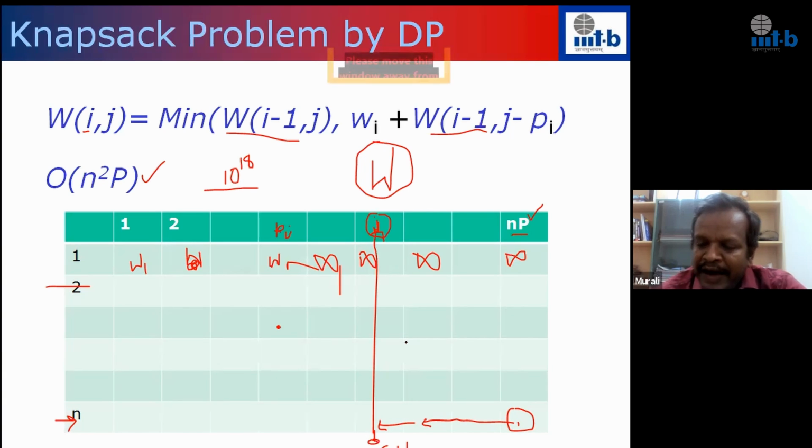If I have 10 to the power 8 numbers, there are two options. One is to round it to 10 to the power 5. Another is to round it to 2-digit numbers. If you round it to 2-digit numbers and solve the problem and go back to the original solution, there would be a lot of gap between the optimum solution and what you have found. Whereas if you have just reduced it from 10 to the power 8 to 10 to the power 5, then the solution that you get will be closer to the optimum.